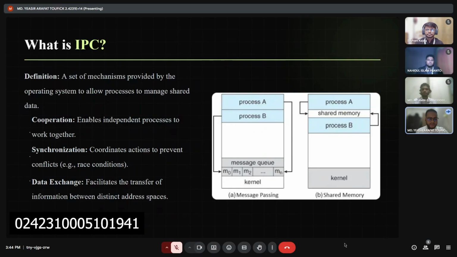Cooperation allows independent processes to work towards a single goal. Synchronization ensures that processes do not trip over each other, like when process A is writing a message in the same location at the same instant, and process B overwrites it. And data exchange is simply moving information from process A to process B.